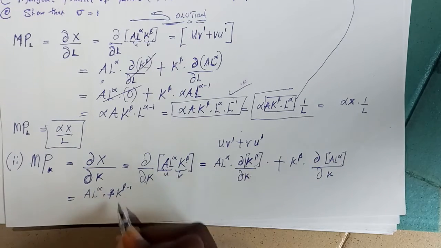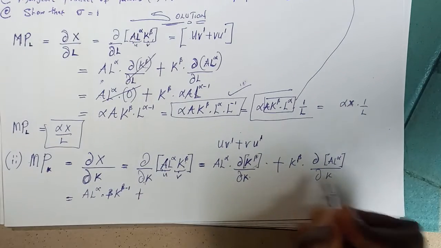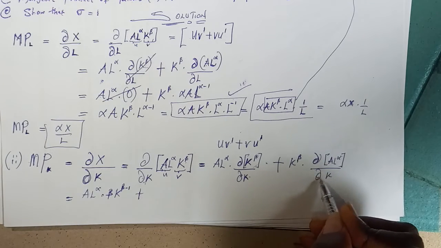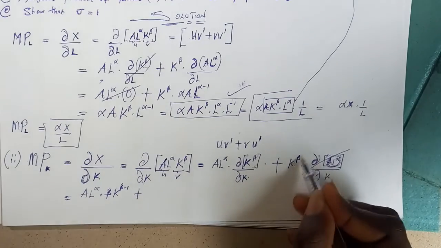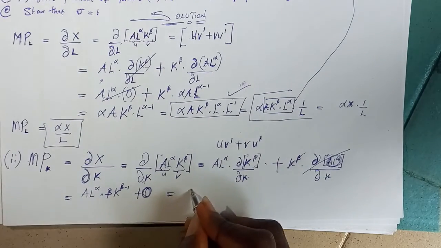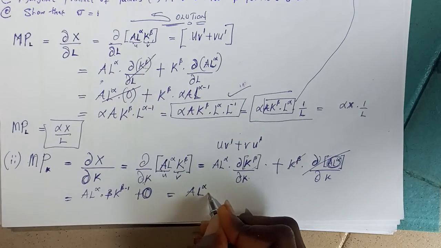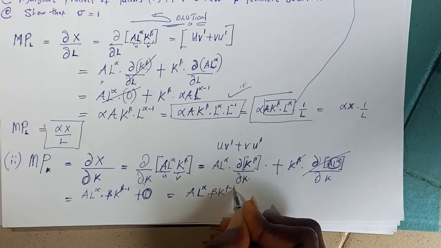Since I have this now, the next thing for us to do is to go to the next term, that is differentiate A L raised to the power of alpha partially with respect to K. There is no K to differentiate here, hence everything here becomes 0. 0 times K^beta, I have 0. So whatever I have left now is just A L raised to the power of alpha times beta K raised to the power of beta minus 1.